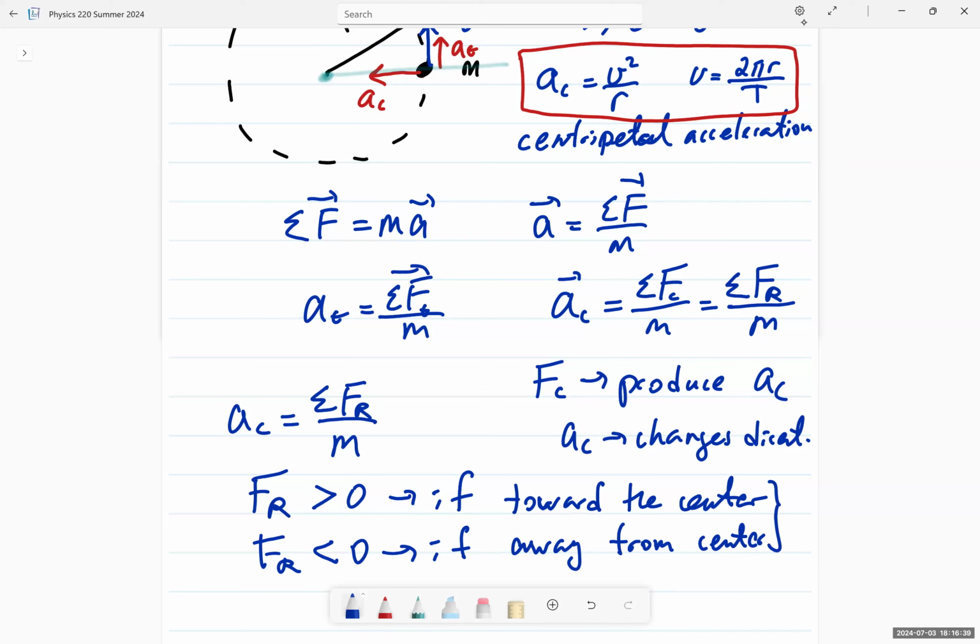Obviously assuming radially for the direction. So radially toward or radially away will give us that particular centripetal acceleration.